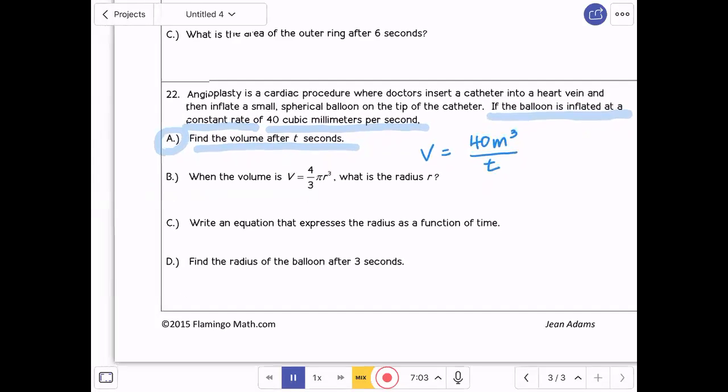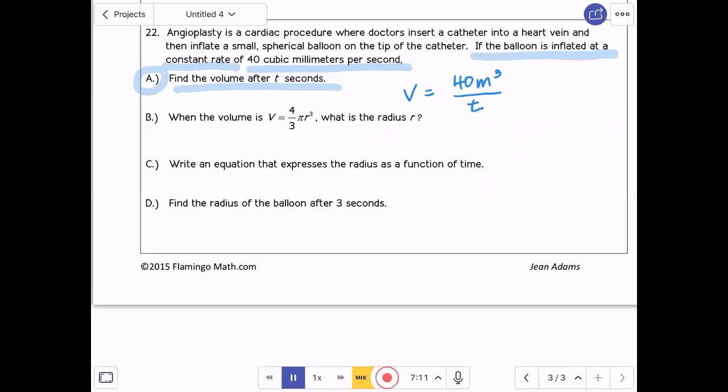Part B says, when the volume is V equals 4 over 3 pi r cubed, what is the radius r? For this case, we need to solve for r. Let me rewrite this: V equals 4 over 3 pi r cubed.